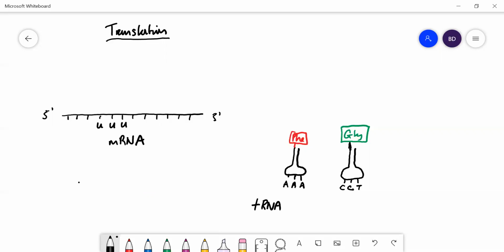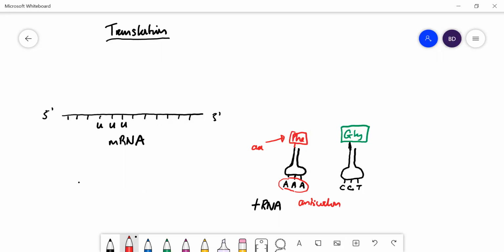So the black is made up of an RNA molecule, this black outline, and at the end of it, it has an amino acid. Now the one I've drawn there is phenylalanine, and that matches up to this 3 base sequence here, which is AAA. Now that is called the anticodon.